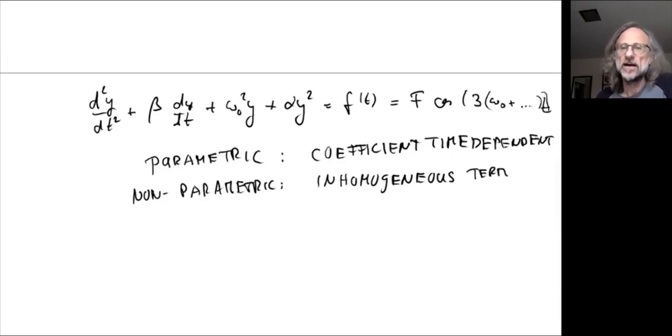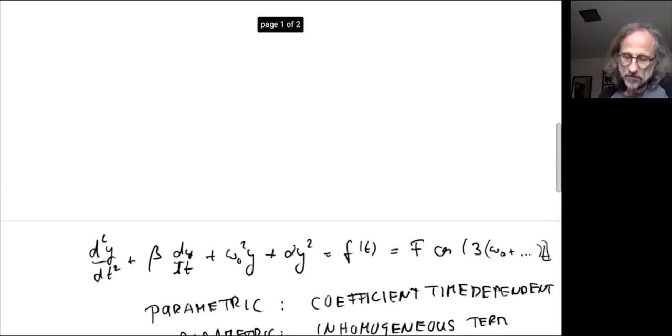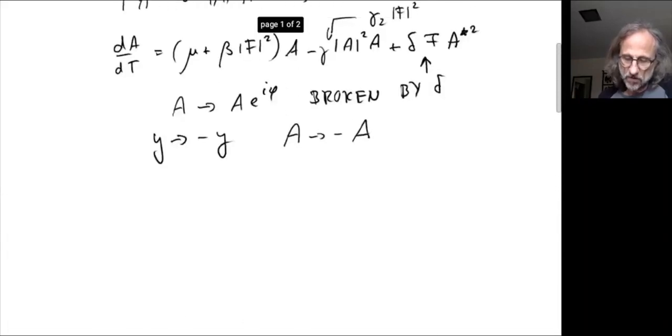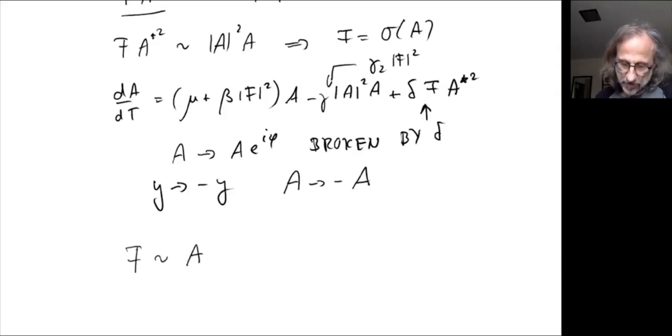Okay, so now we're ready to roll. We need to scale stuff. So we see here, I guess we can write it down here. We see that from the general form, F is of the order of A, and mu is of the order of A squared.